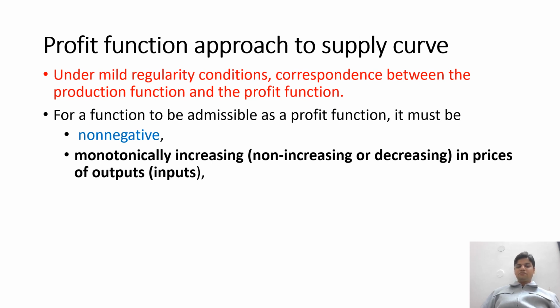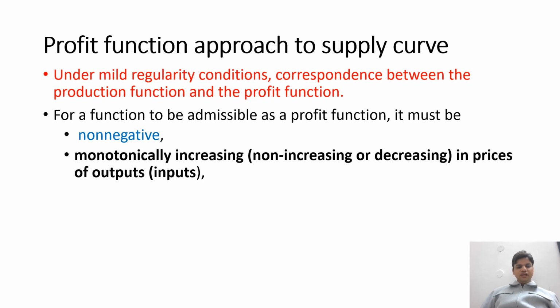That means if the price of output increases, then the function should always increase, because as the price of output increases, keeping the price of input constant, the profit will swell, of course. So there shouldn't be any decrease.